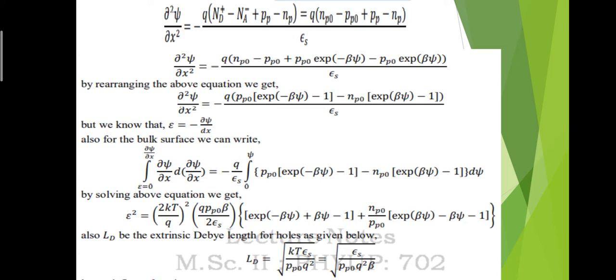Now after collecting the terms of Pp0 and Np0, here we get minus q (Np0 minus Pp0 plus Pp0 exponential minus beta psi minus Np0 exponential beta psi) divided by epsilon s. In this step we substitute the values of Np and Pp from the previous equation.